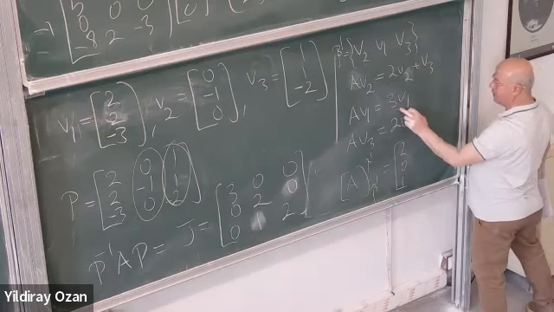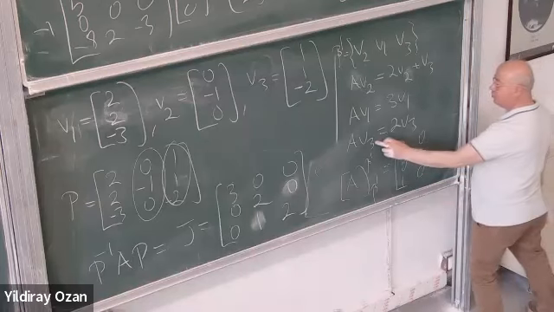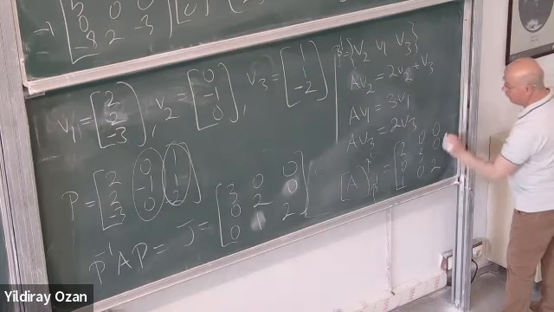The second vector is just sent to 3 times the second vector. And the third vector is just sent to 2 times the third vector.